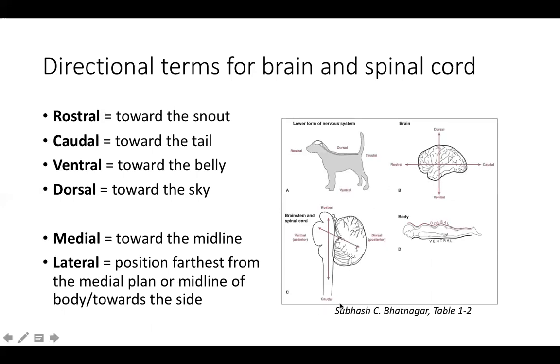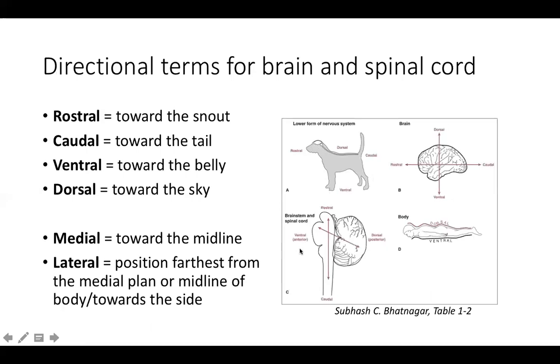Just to also orient you here, looking at the brainstem and the spinal cord, rostral again would be towards the brain this way. Ventral, again, we're looking at the basic form of the nervous system here, where the brain is located here and the face is on this end, and ventral then becomes the very bottom.